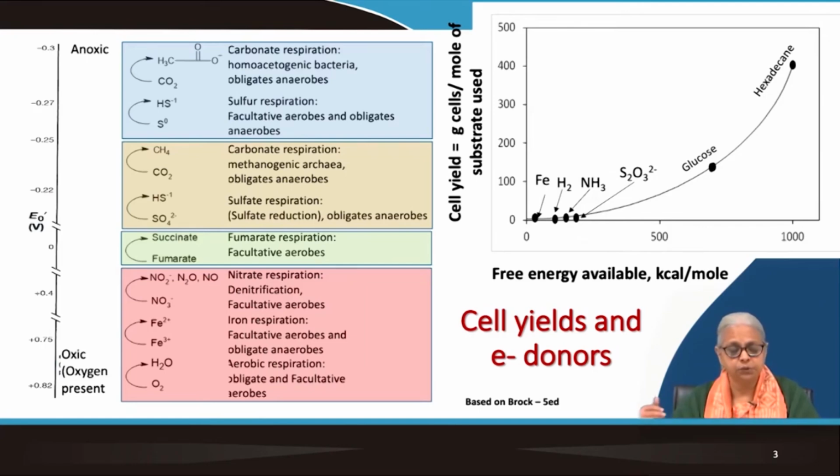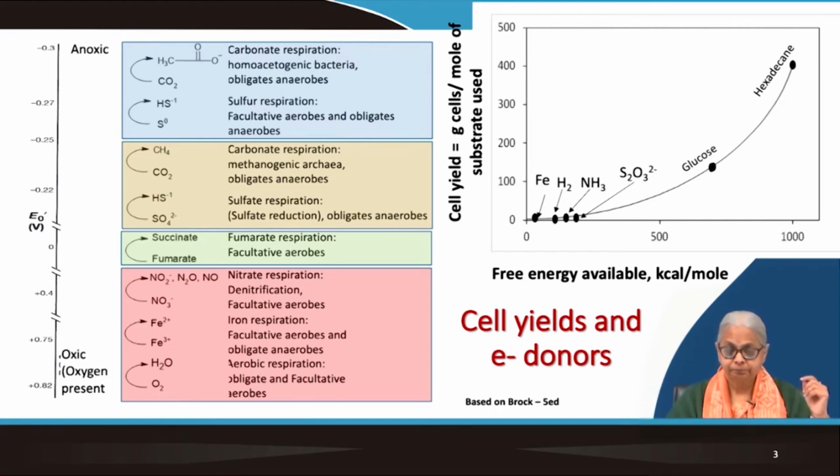Before we go into assimilation and dissimilation, I want to talk about the cell yield. Remember what I said in previous topics, that different electron donors can be organic or inorganic compounds. Depending on the nature of the electron donor, when you couple it with oxygen, you get the highest possible energy yield.